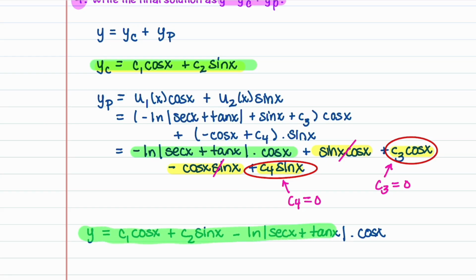And there's our final solution. And that's it. You now know how to use the method of variation of parameters to solve second-order non-homogeneous differential equations. You should now be all set to work through some practice problems on your own.